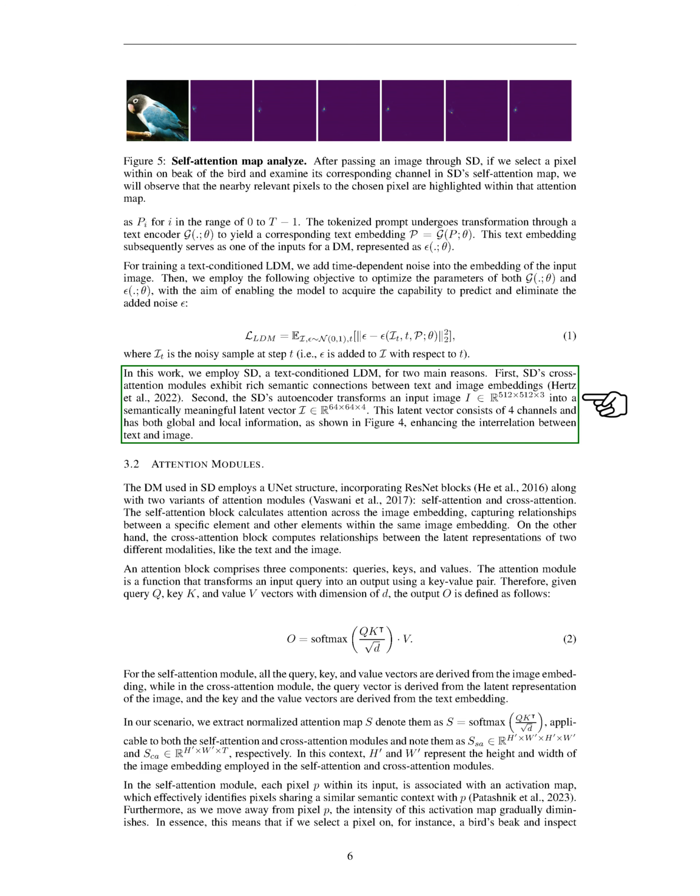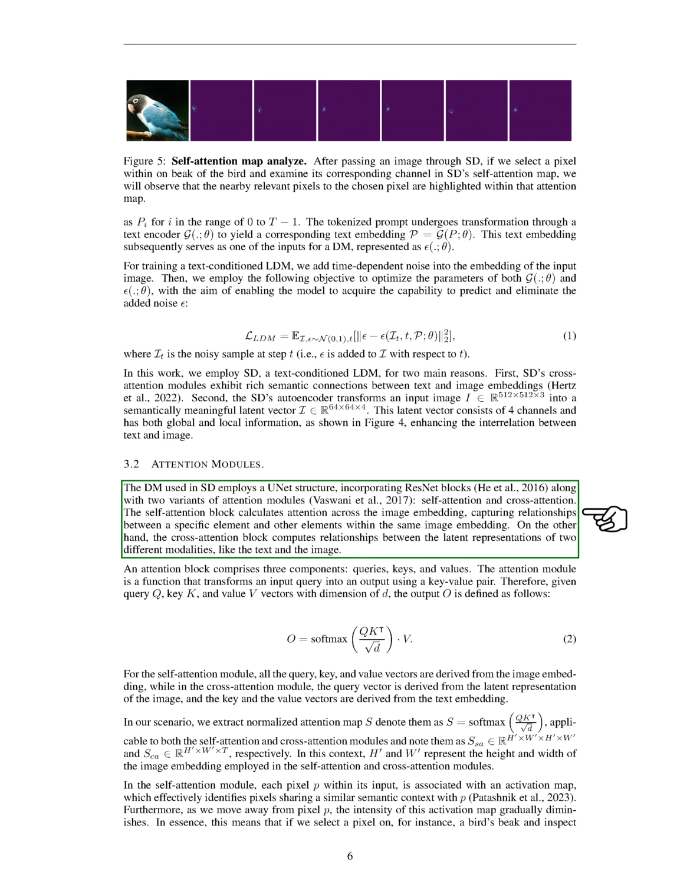Next, let's talk about attention modules. The DM used in SD uses a structure called UNet, which includes ResNet blocks and two types of attention modules, self-attention and cross-attention. The self-attention module calculates attention within the image embedding, capturing relationships between different elements within the same image. The cross-attention module, on the other hand, calculates relationships between the latent representations of two different types of data, such as text and image.